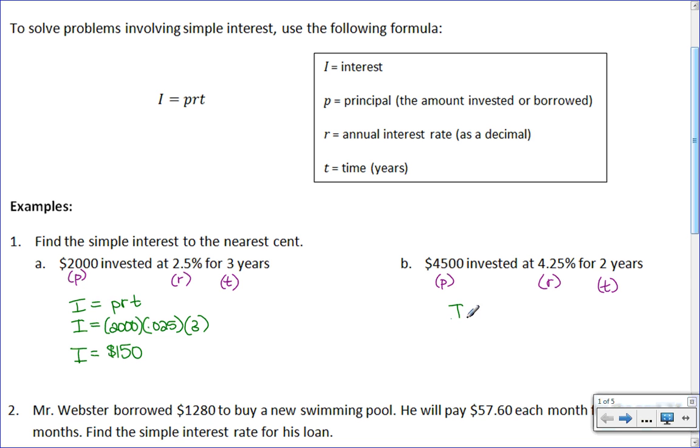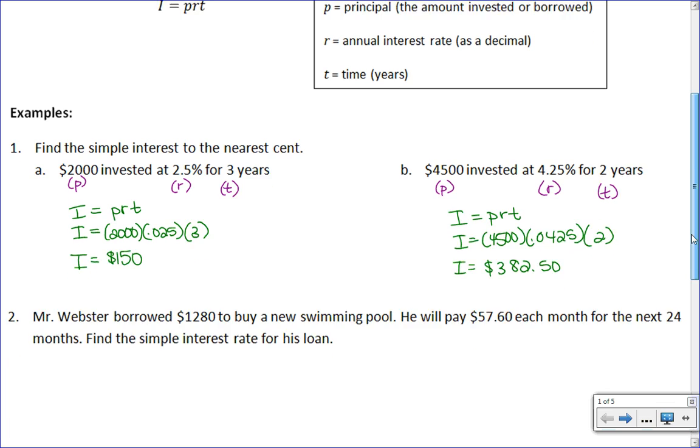Alright, so our formula, I equals P, R, T. We're looking for I. P is 4,500. R is 4.25%. And we'll move the decimal back 2 places. 0.0425. And T is 2. And when we multiply those 3 numbers, we get a total amount of interest of $382.50.